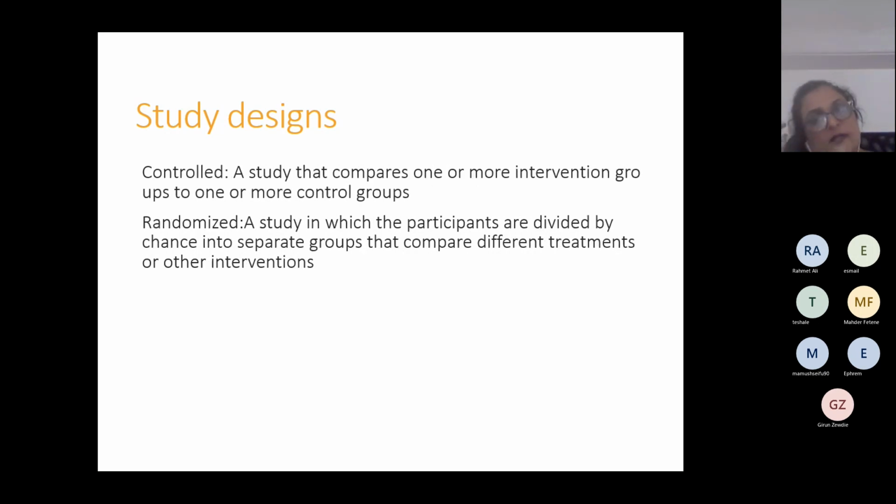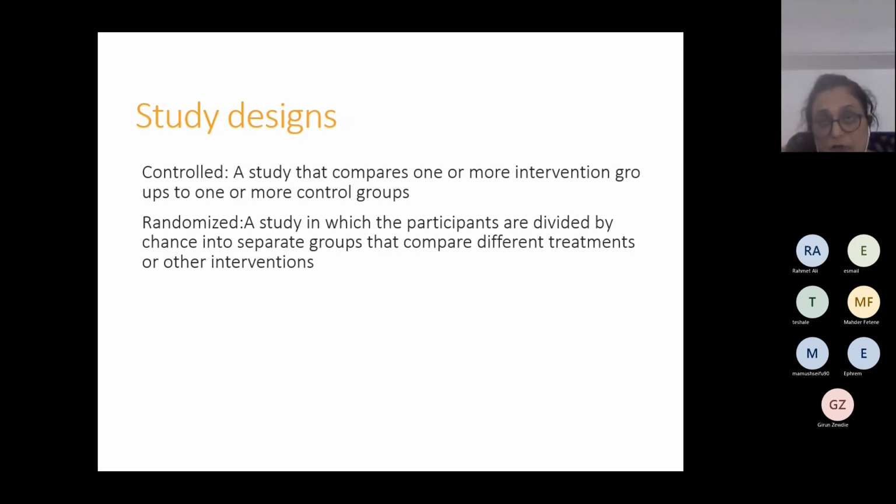A controlled study is a study that compares one or more interventions to one or more control groups. A study that compares one or more interventions, that means it has been compared with one or more groups of patients with one or more groups of drugs. So that is a controlled trial.